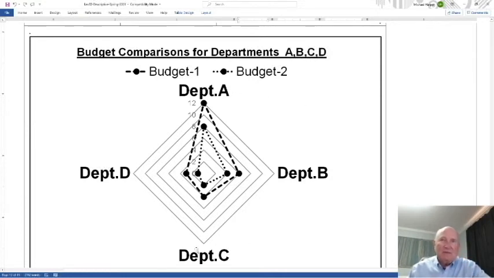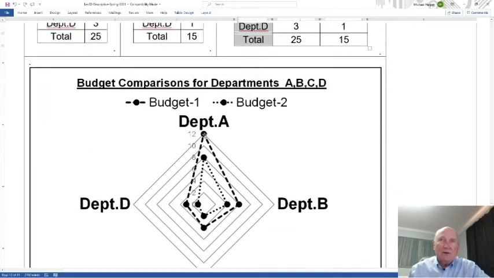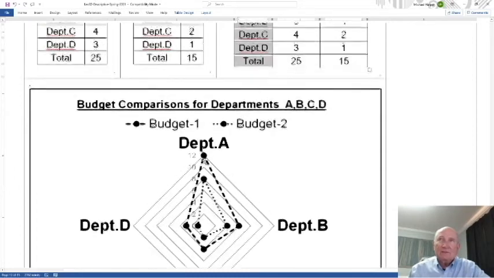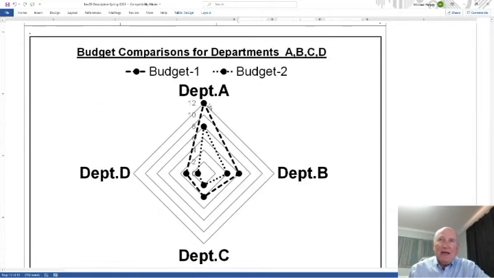So departments A, B, C, and D, we see here, and also this axis here are the budgets. Okay? And so A has 12, and B has 8. So you can see here how the relative difference has decreased.